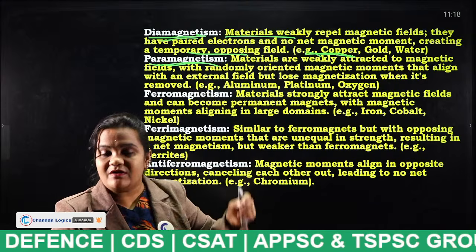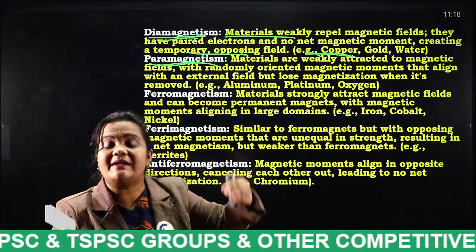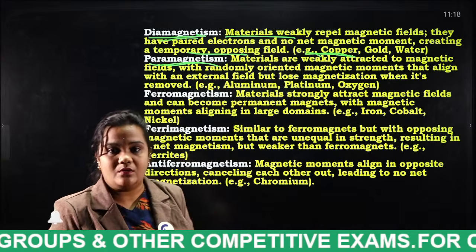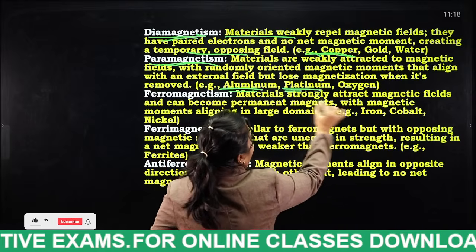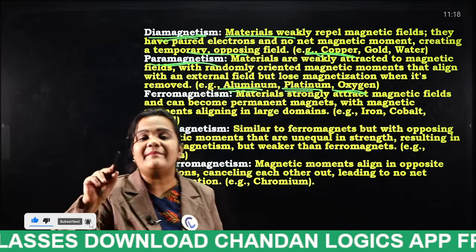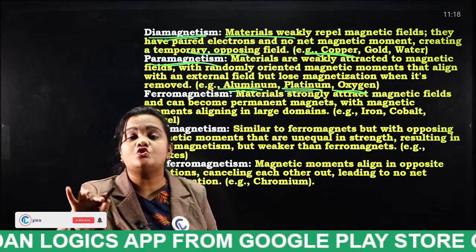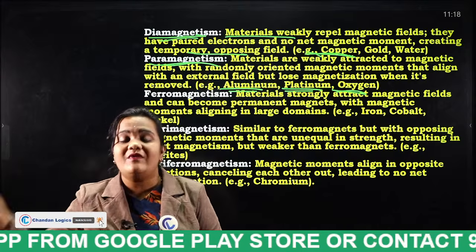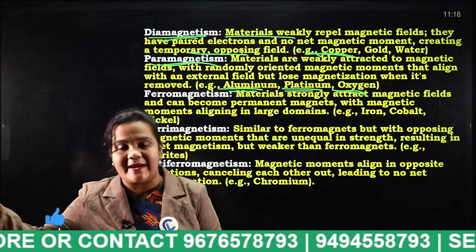Even though it has very weak magnetic power, sometimes it has a random magnetic moment. What are the examples? Aluminium, platinum, oxygen. Both are weak, but in diamagnetism there is no magnetic moment at all, while in paramagnetism a magnetic moment randomly appears.